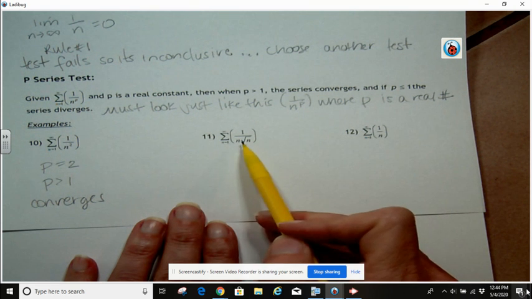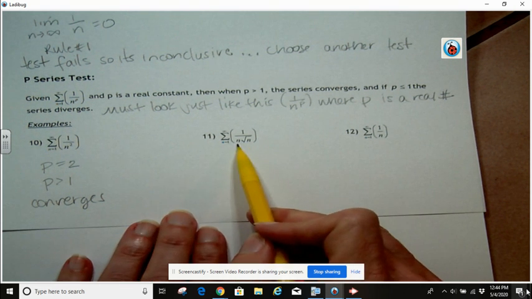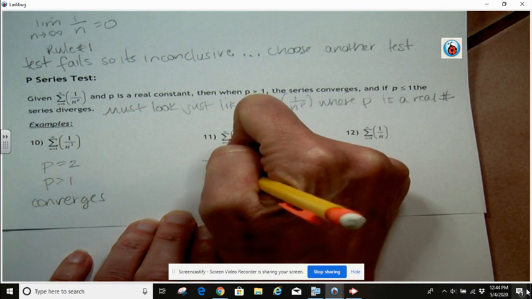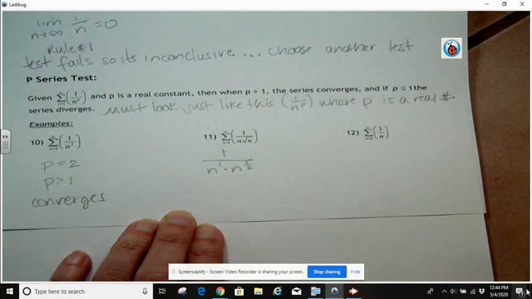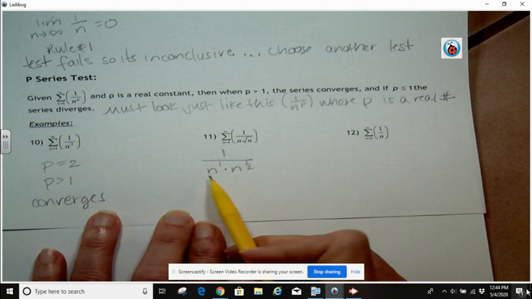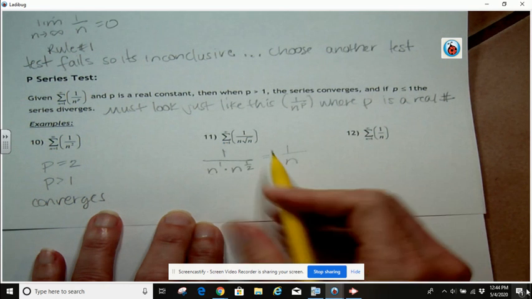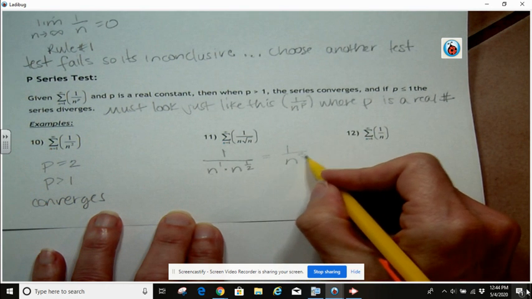For number 11, remember, it's got to look like 1 over n to some power. Well, that's not what this looks like, but n times the square root of n is really n to the first times n to the 1/2 power. That means the same thing. If the bases are the same and you're multiplying, you can add your exponents, and 1 plus 1/2 is 3/2.